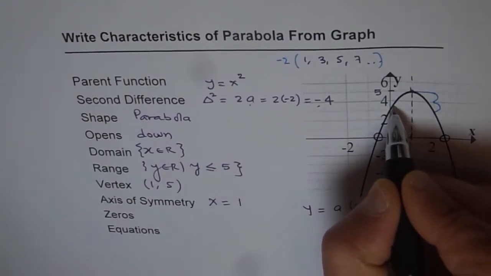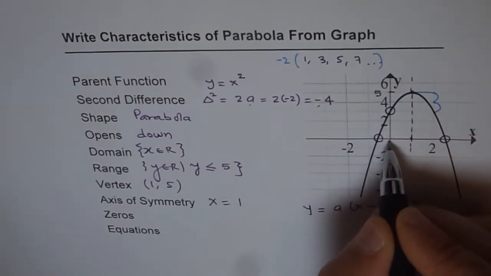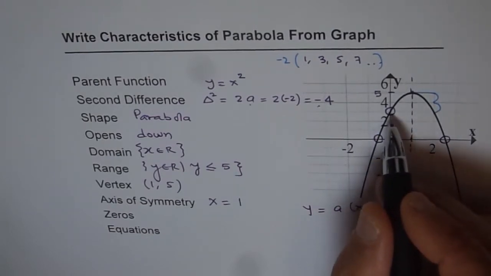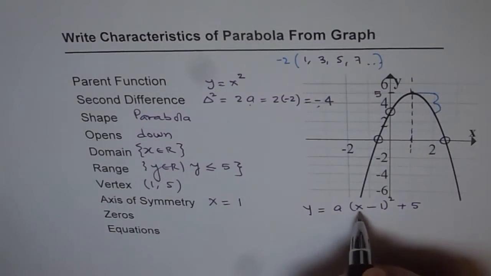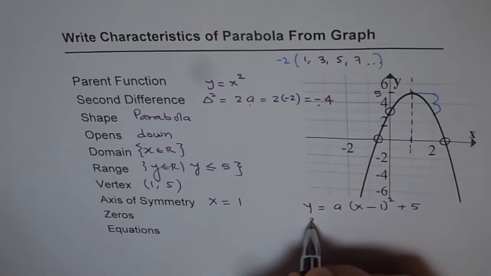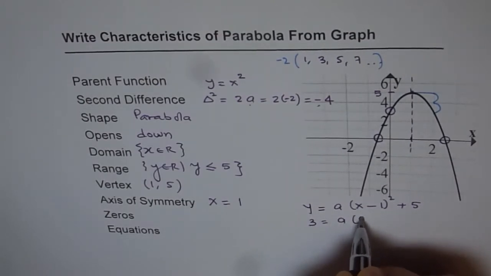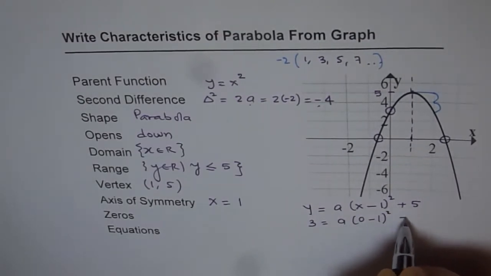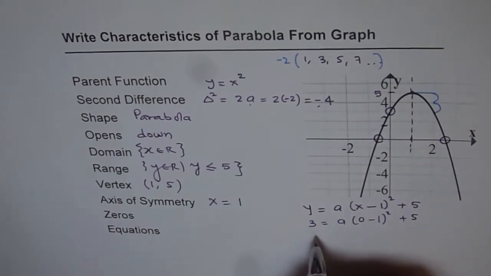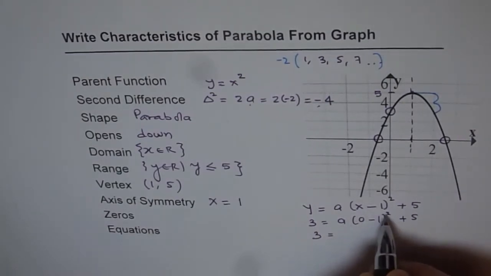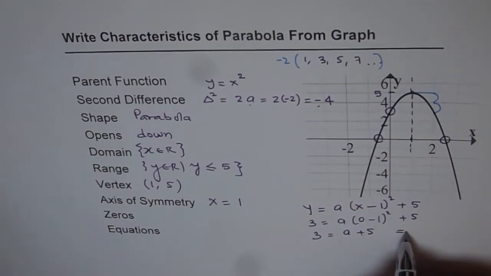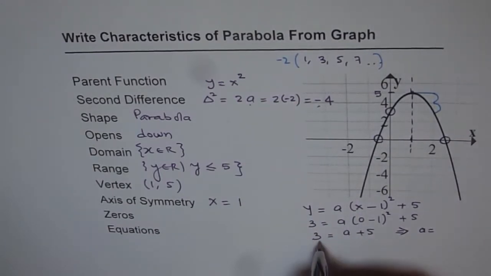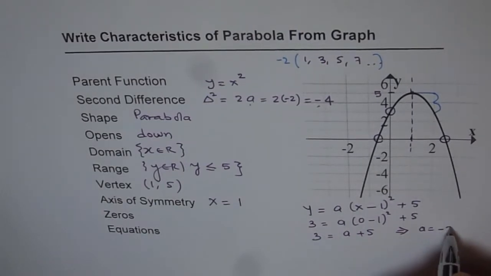The point (0, 3), I think, is very clear. It is your y-intercept, and the y-intercept is always a good point to select. So for x equals 0, y is 3. Let's put 3 here and 0 for x and try to find what a is. So 3 equals a times 1 squared, which is 1, plus 5. From here we get a equals 3 minus 5, which is minus 2.